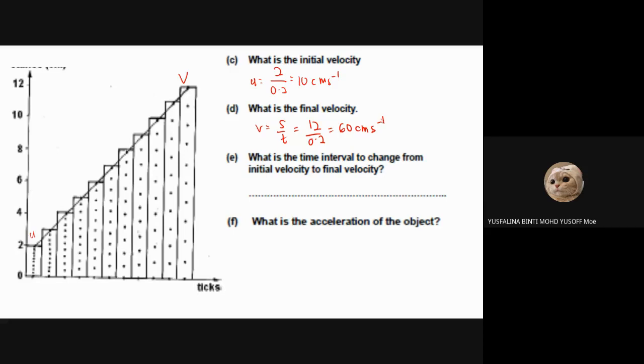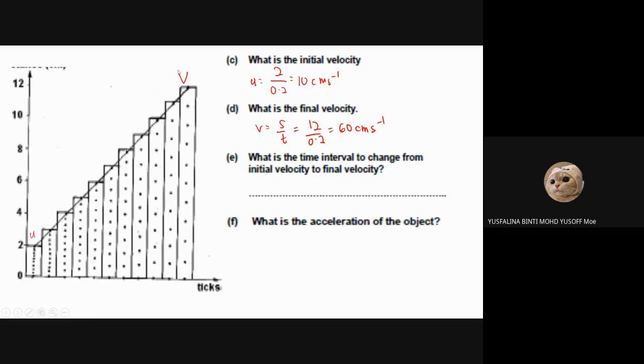So what is the time interval? The time interval to change from initial velocity to final velocity, means from U to V. So remember, if you want to find the time interval for initial to final velocity, we have to calculate the acceleration. So you have to jump 1, 2, 3, 4, 5, 6, 7, 8, 9, 10.